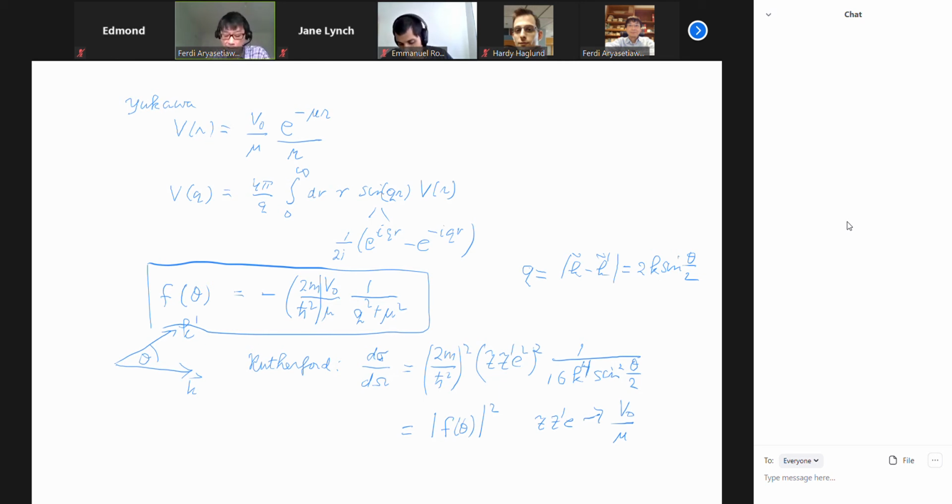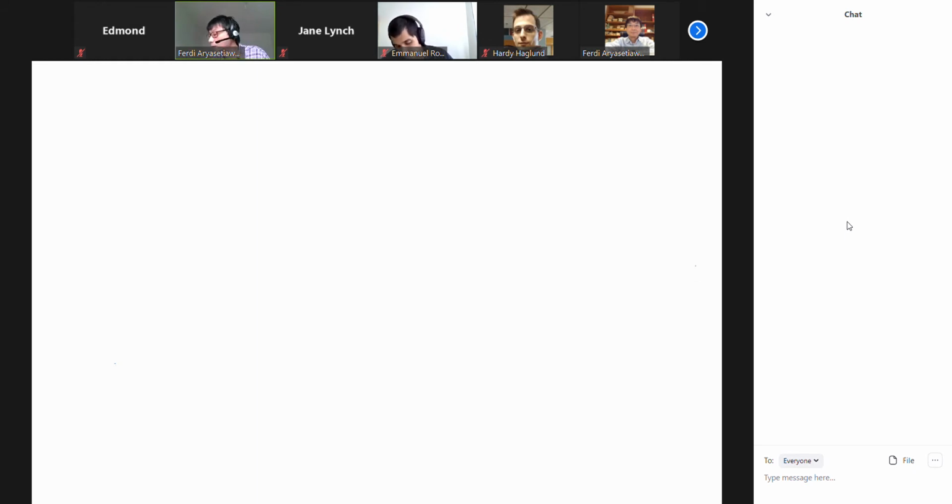Now, one can go further and take into account higher order terms in the perturbation expansion. So then this would correspond to the higher order Born approximation.